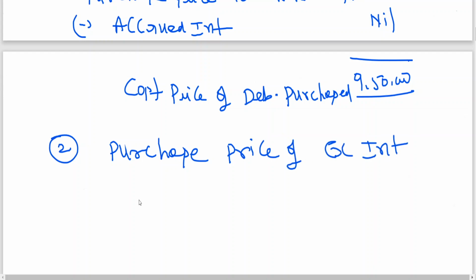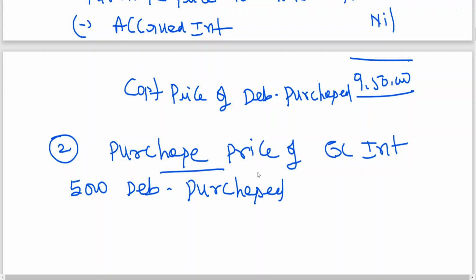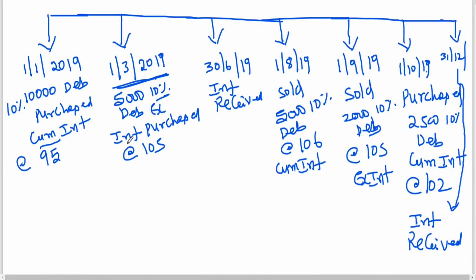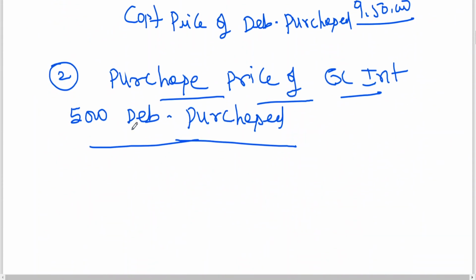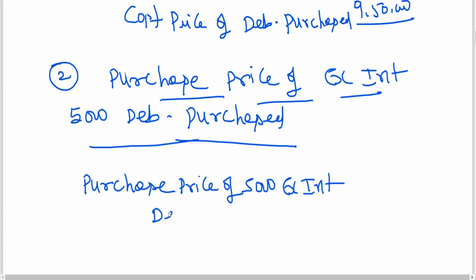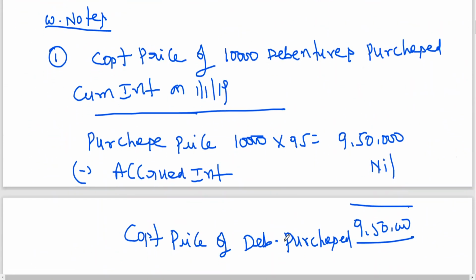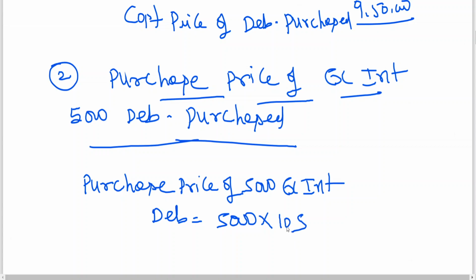Purchase price of ex interest. Now I told you ex interest means interest is not included, so interest is to be calculated separately. 5,000 into 105 rupees, you are getting 5,25,000.